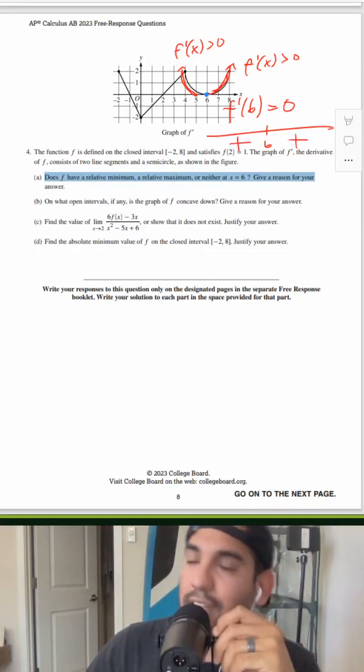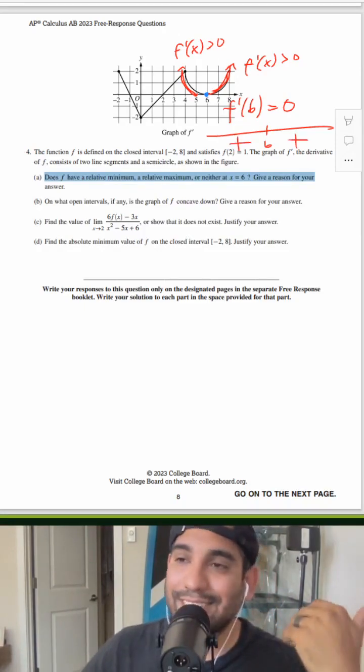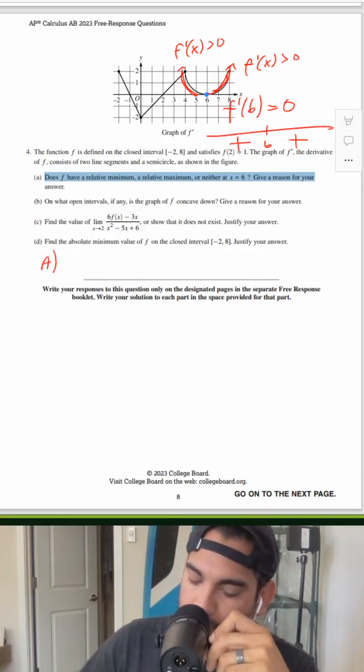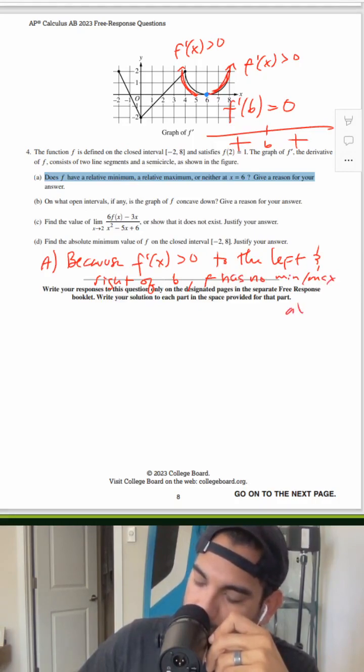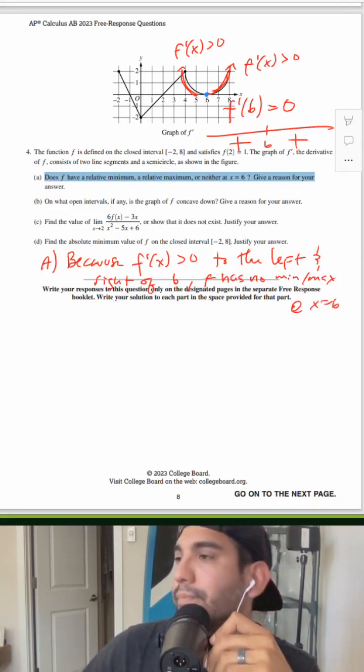So they are both positive. So therefore, it's neither. And so for A, we say because f prime of x is greater than 0, to the left and right of 6, f has no min or max at x equals 6.